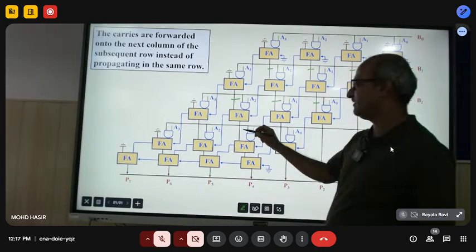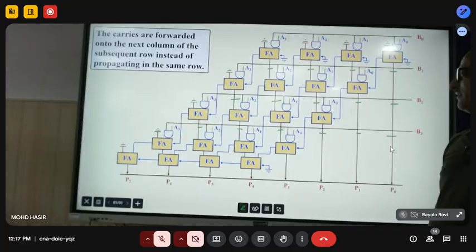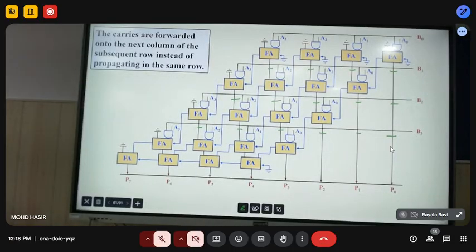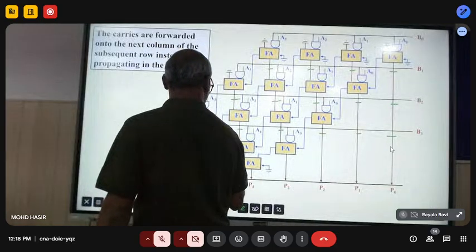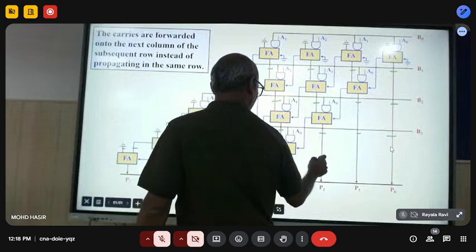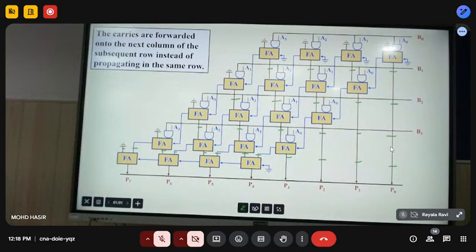So what will happen? Another. Correct? Then one more. Right? Then what will happen? So how many flip-flops do you think are needed? All the green lines, whatever we have drawn, minimum those many are required.